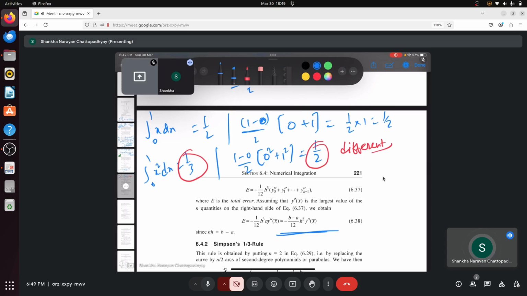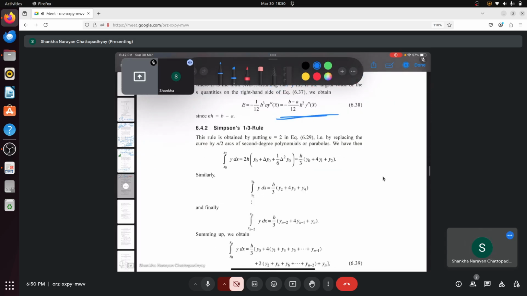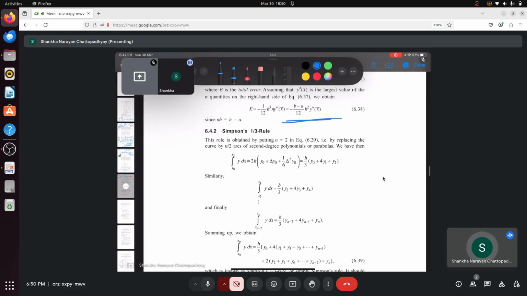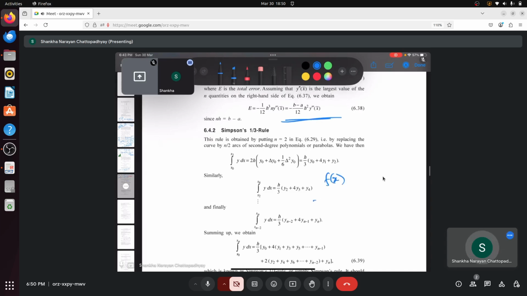Next is Simpson's one-third rule. In Simpson's one-third rule, we replace the function f(x) by the second degree interpolating polynomial. So for Simpson's one-third rule, you need at least 3 points, x0, x1, x2.